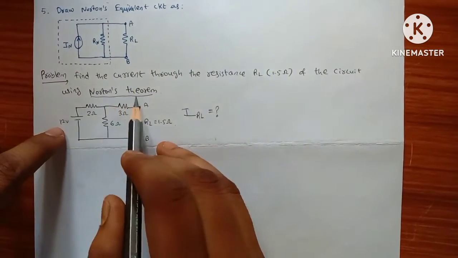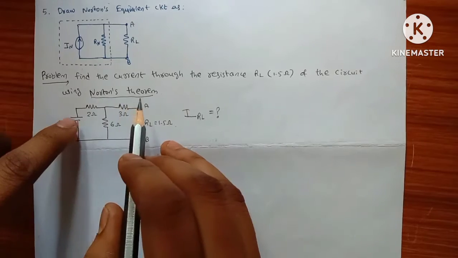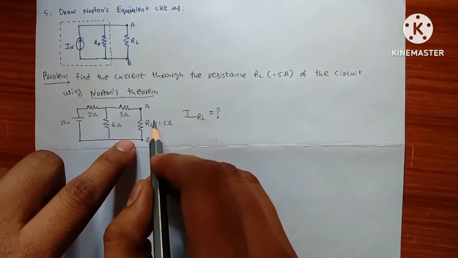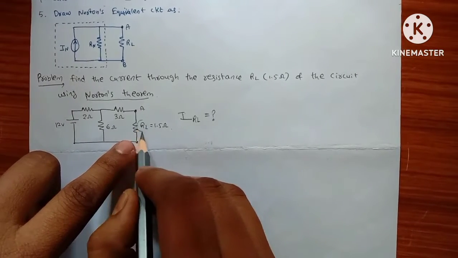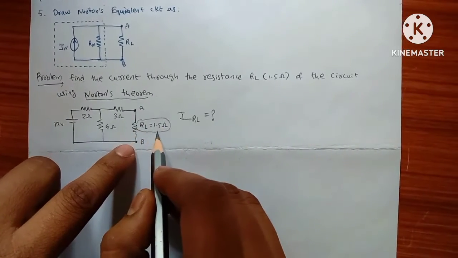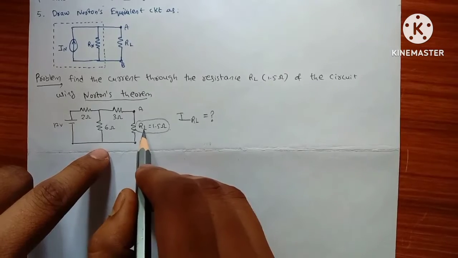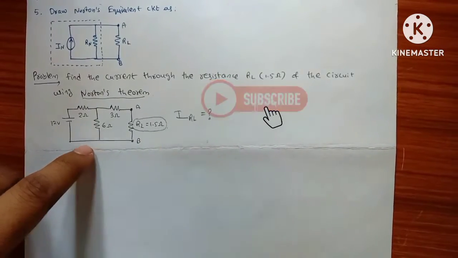Now from Norton's theorem steps, the first step is to identify the load resistance. Here the load resistance is 1.5 ohms; the question itself gives the load resistance as 1.5 ohms.